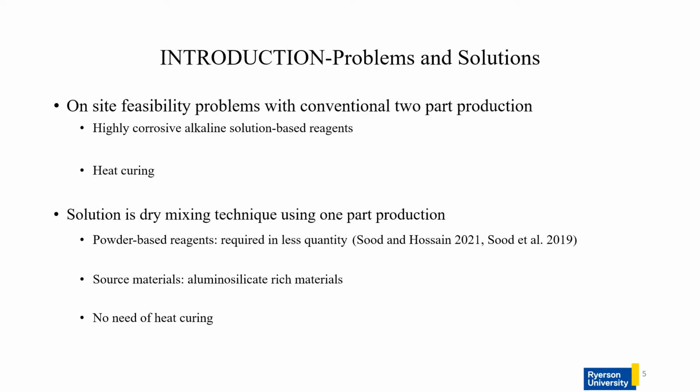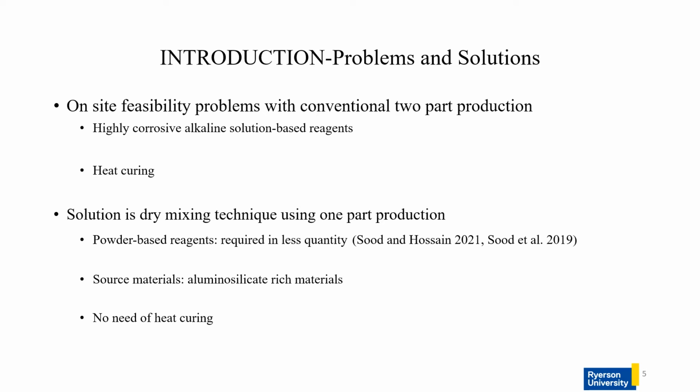The problems associated with the conventional technique of geopolymer development. Geopolymer development has two techniques, the two-part production technique and the one-part production technique. The problem with the conventional two-part geopolymer production technique is that it utilizes solution-based reagents which are highly corrosive, and for achieving satisfactory mechanical properties, we require heat curing of the specimens.